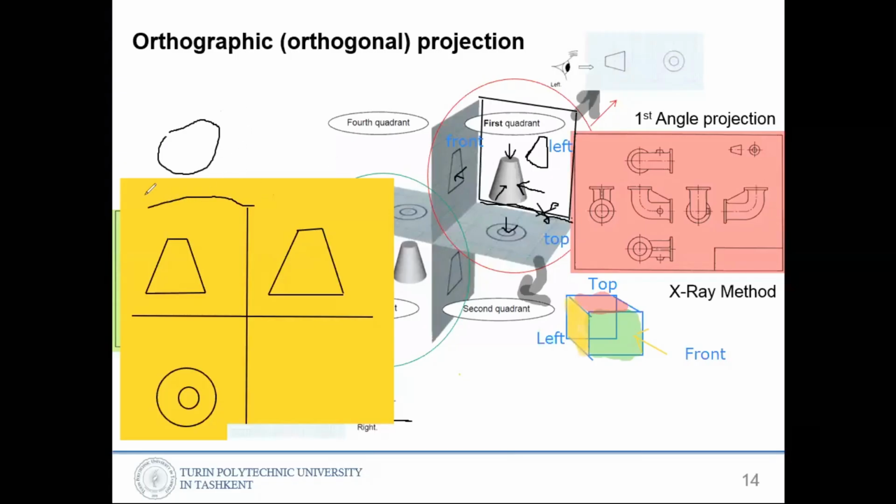So there are other rules. If you want to show hidden edges, you can use this kind of dash line. Dash line means hidden edge there.